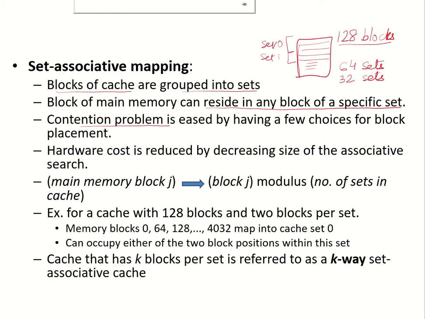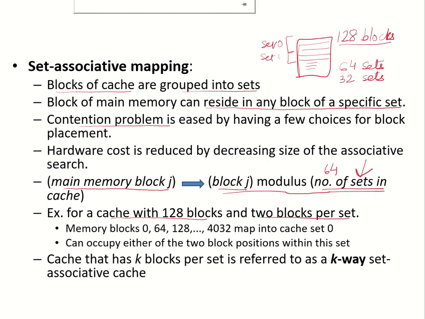In set associative mapping, any main memory block J will map to set J modulus the number of sets in the cache. Note that in direct mapping it was the number of blocks. Assuming a cache with 128 blocks and 2 blocks per set, there will be 64 sets, so we do a modulus with 64.